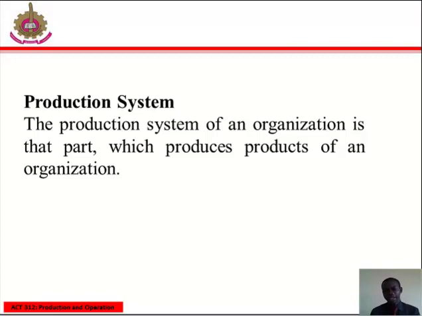There are some characteristics of production system that we are going to discuss. One of them is production being an organized activity. Production is an organized activity, so every production system has an objective. Secondly, the system transforms the various inputs into useful output.